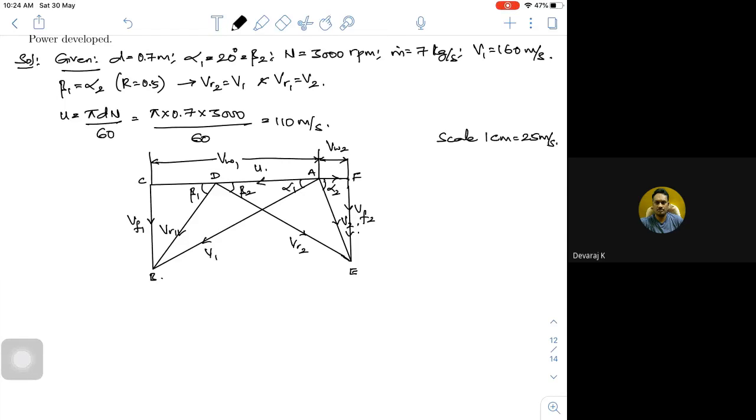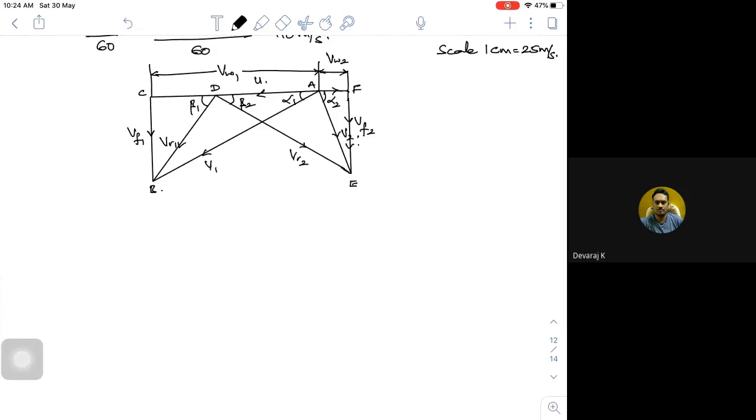Okay. Now this being a Parsons turbine, as I told, your VR2 is equal to V1 and your VR1 is equal to V2. So alpha 1 is equal to beta 2 and beta 1 is equal to alpha 2. These conditions are there. Now, first thing what I am supposed to find?